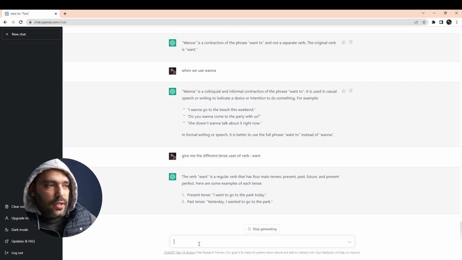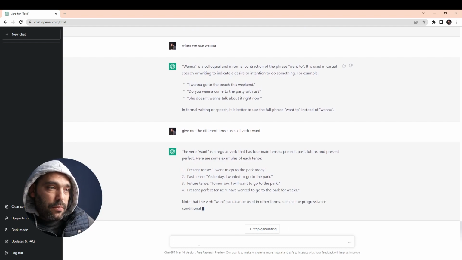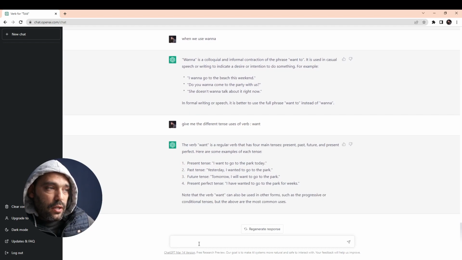The verb want is a regular verb that has four main tenses: present, past, future, and present perfect. Here are some examples of each tense. Present tense: I want to go to the park today. Past tense: yesterday I wanted to go to the park.